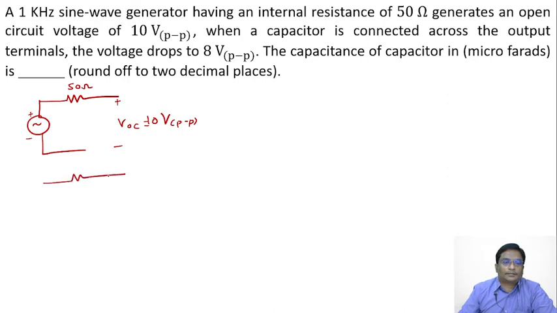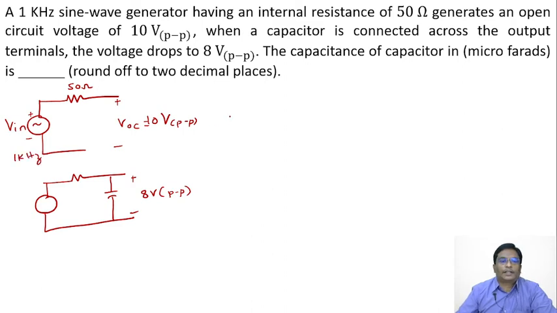When this is connected to a capacitor, what is the voltage here? We are getting 8 volts peak to peak. Suppose I assume Vin and the source is at 1 kilohertz, directly open, no current flows. Then Vin itself is 10 volts peak to peak from the first diagram.